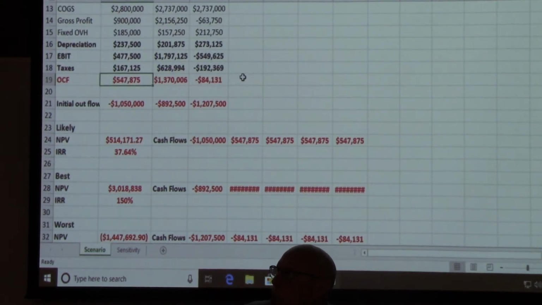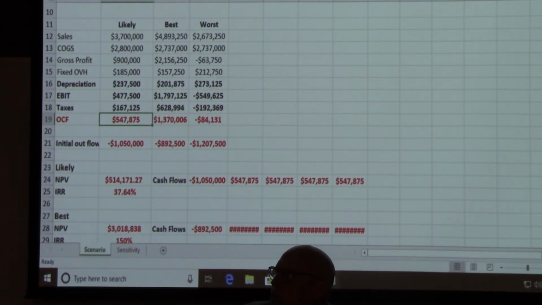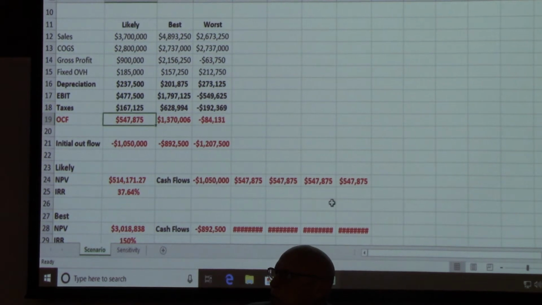All right, so we're going to use Excel to answer these questions, and so we're going to do our net present value. So using the NPV function, we have to lay out the cash flows like this. Here's our first cash flow, or CF0, 1, 2, 3, 4.